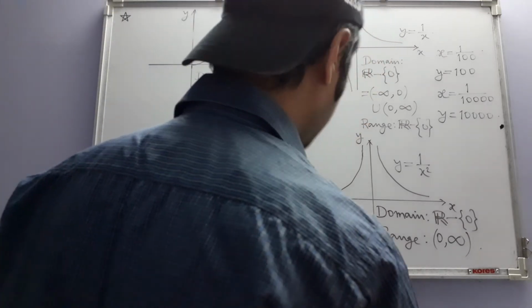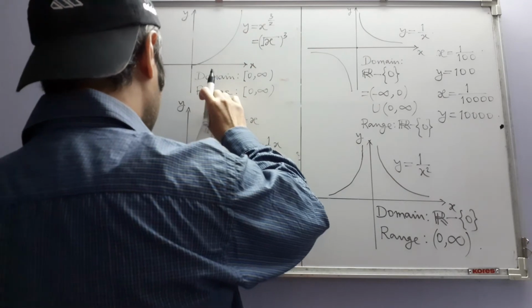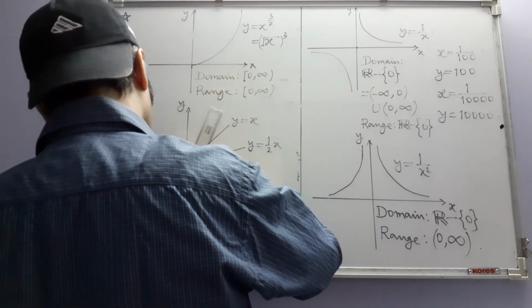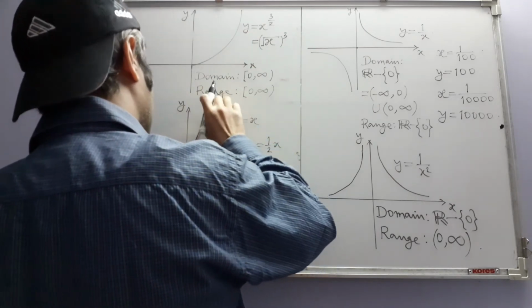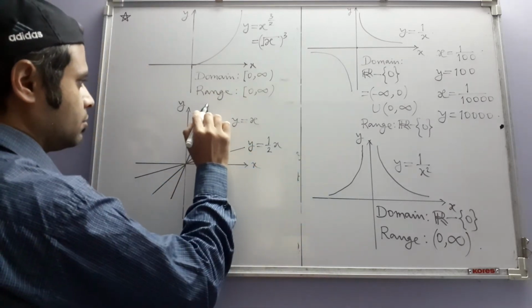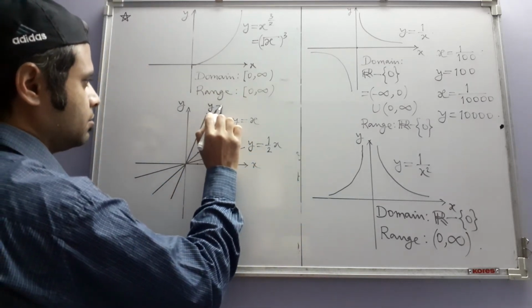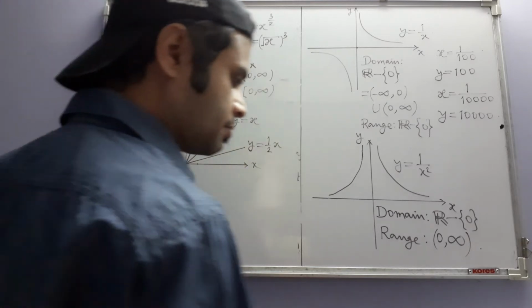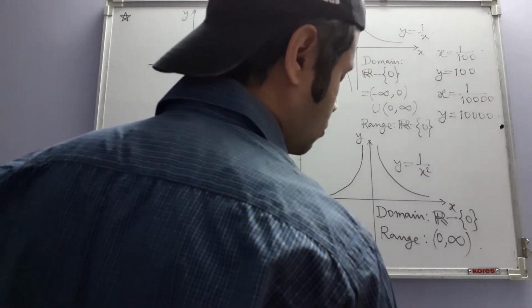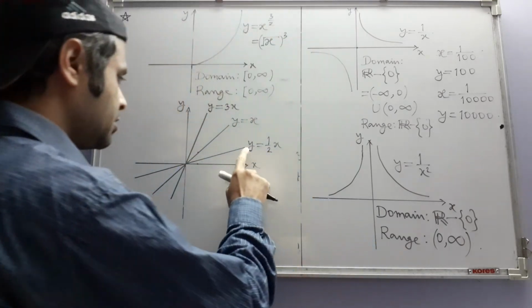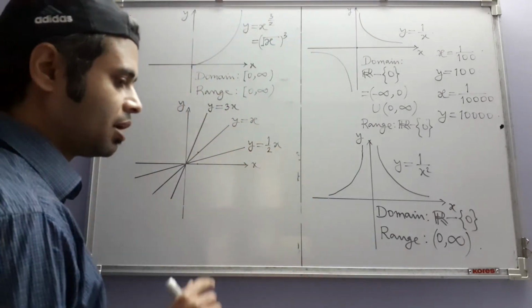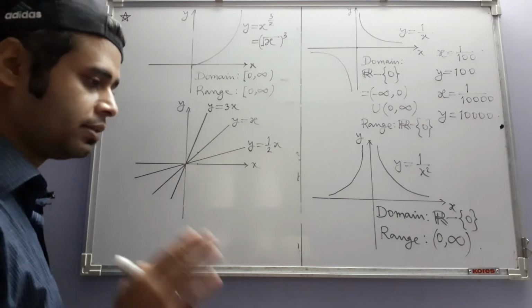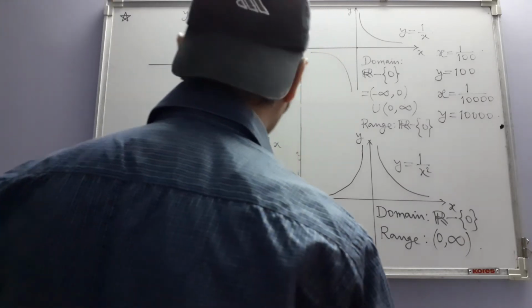And then we have a very steep one, y equal to 3x, and in the text the equations haven't been written here, but only the slopes of the lines have been written.